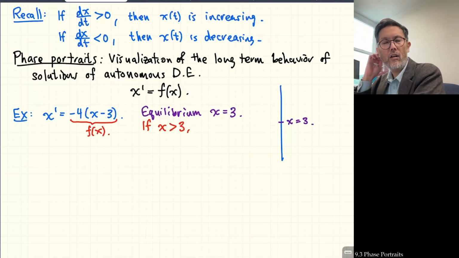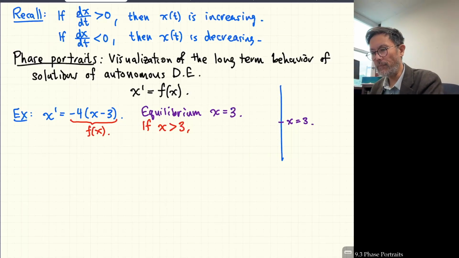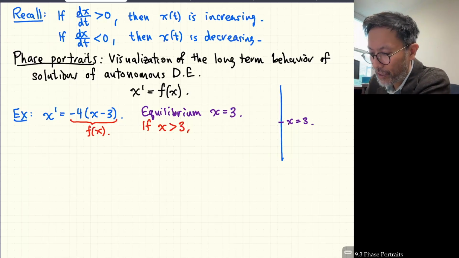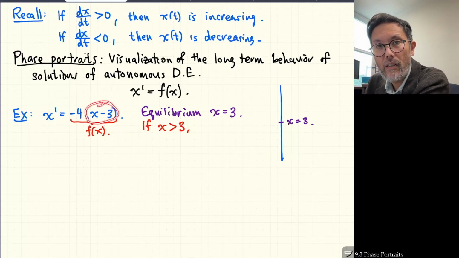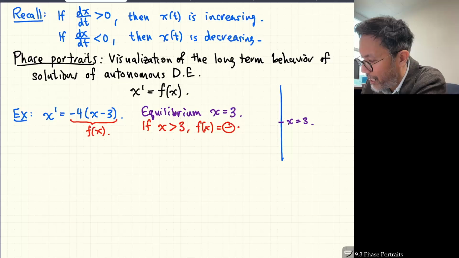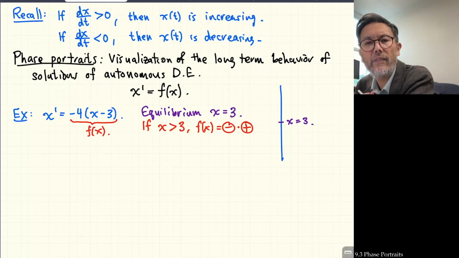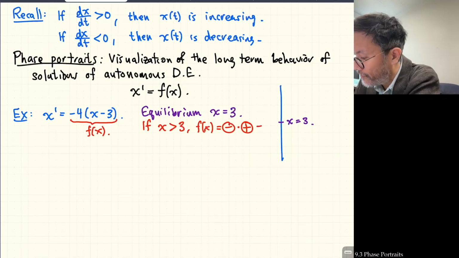what happens? Well, think about what happens to f of x. If x is bigger than 3, look here. This part here is negative 4 times, well, if x is bigger than 3, then x minus 3 is positive. So f of x is going to be a negative thing times a positive thing. I hope you understand my shorthand here. It's a negative times a positive, which is negative.